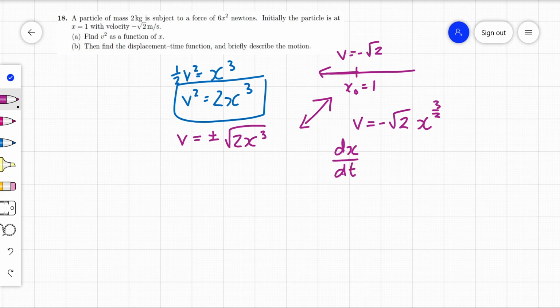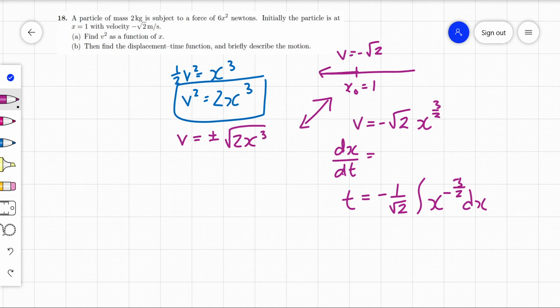We're going to have to tip everything upside down because of where the x's are. So t equals negative 1 on root 2 times the integral of x to the negative 3 on 2 with respect to x.